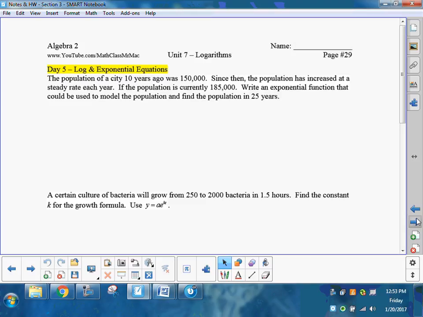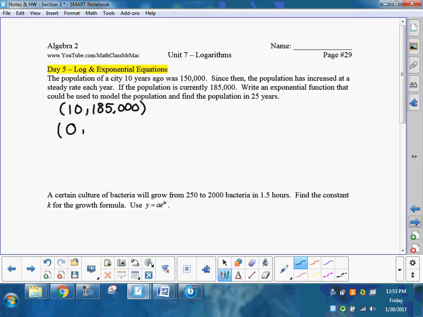What's 1 point? So you want to say 10, 185,000. We've got another point then. Now, we could set this up and do all of this solving out. If you've got 2 points, can you get an exponential equation to go through there? Hopefully, yeah. And hopefully you can get it quickly.